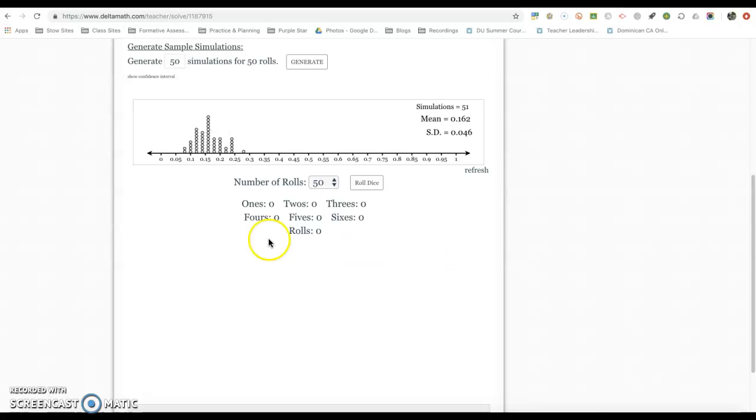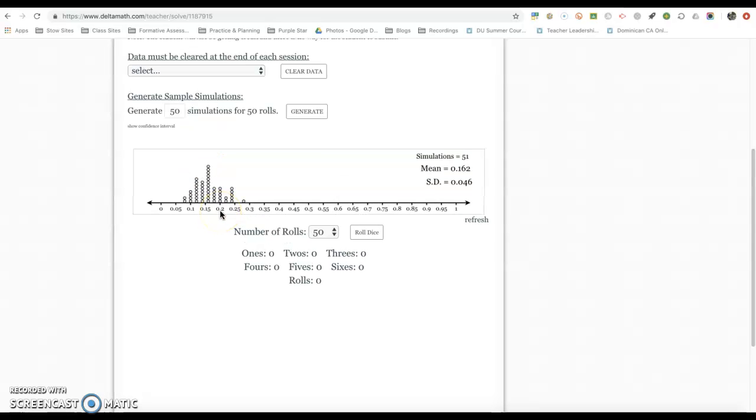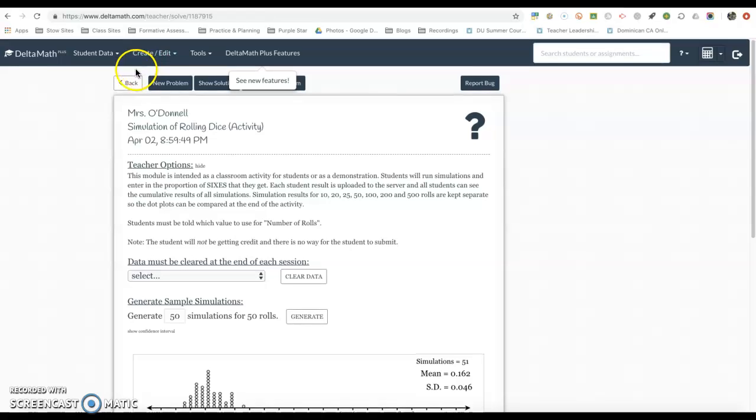Okay. That's not too far off, right? If our theoretical probability was 16%, being at 14% is pretty good. Okay, cool. So we're learning lots.